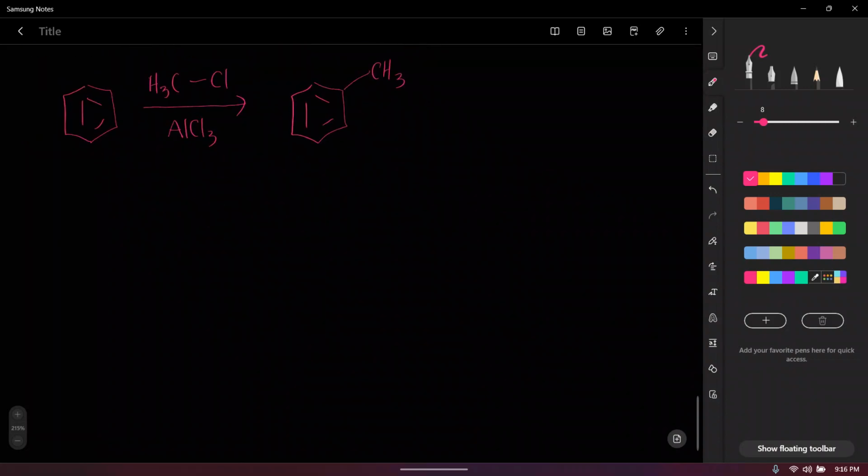So again, let's go ahead and do the mechanism for this so that we can understand why it happens like this. Okay, all right, so if I have methyl chloride, it's going to look like that. Again, AlCl3, my lovely Lewis acid with an empty p orbital. So the chlorine lone pair goes into that. Once it goes into that, it generates this thing.